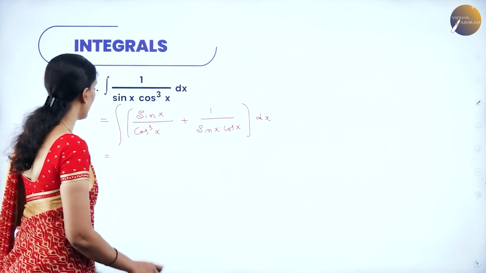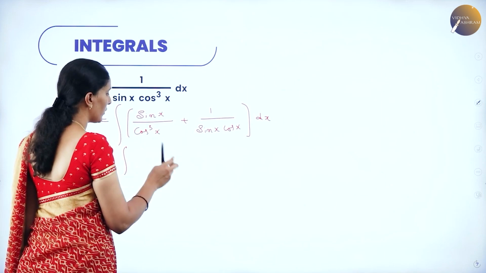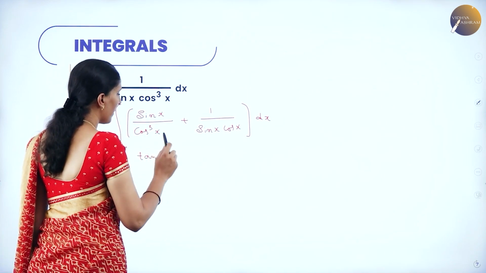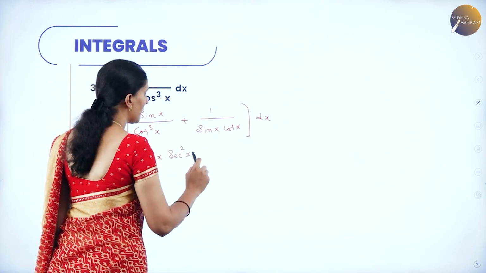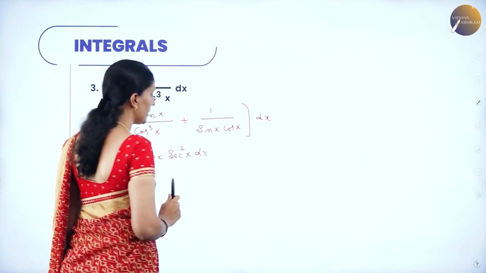Here sin, cos is repeated 3 times. So sin by cos can be written as tan x, and 1 by cos square x can be written as secant square x. So when you multiply dx here, this is one separate integral and this is one separate integral.